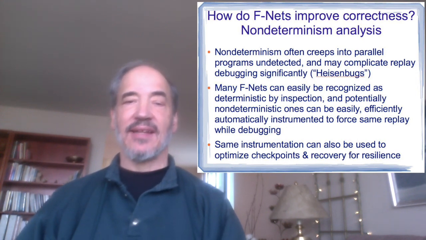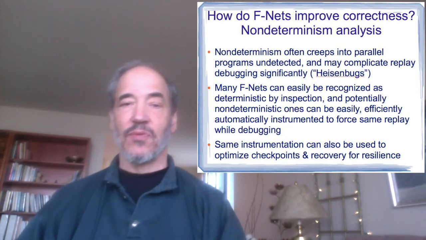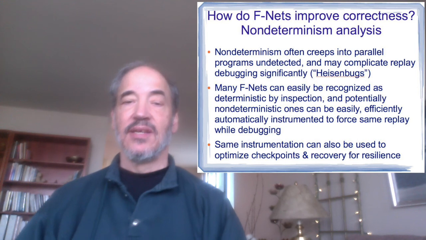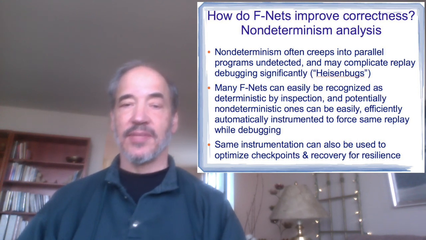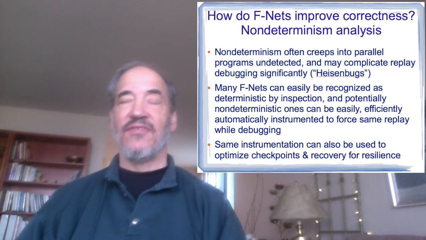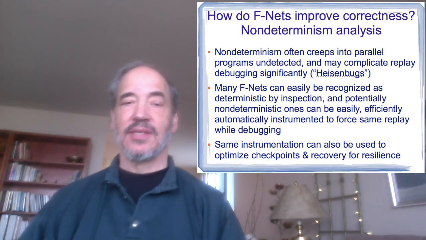FNets can be analyzed statically, and many can be statically recognized as being deterministic always, and potentially non-deterministic ones can be easily and efficiently automatically instrumented to say where those non-deterministic choices are being made, so that if you need to replay it, you can replay it with exactly the same non-deterministic choices made, and therefore with the same results.